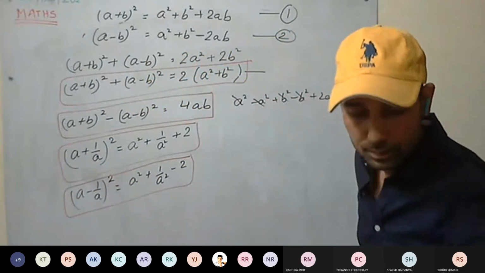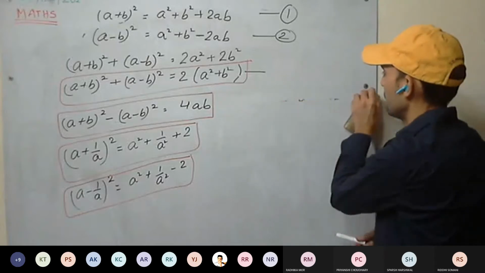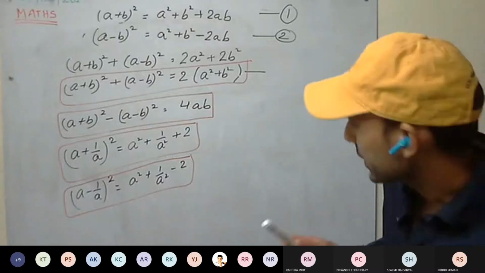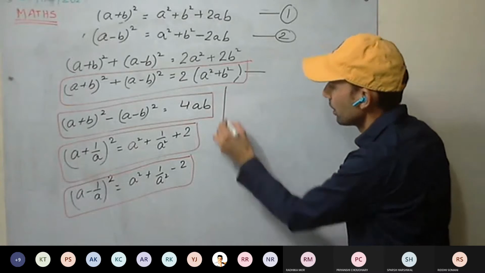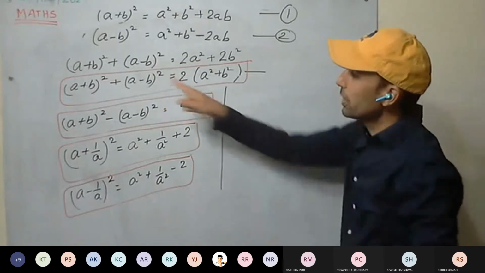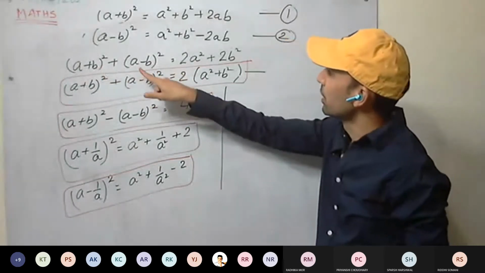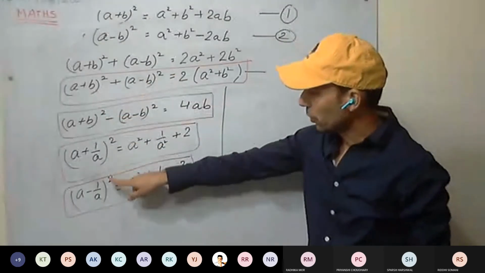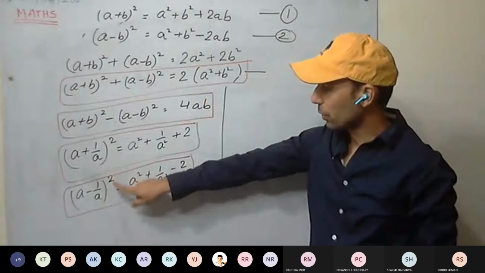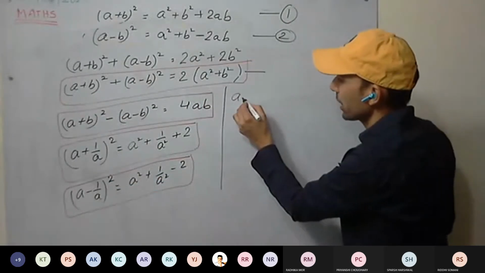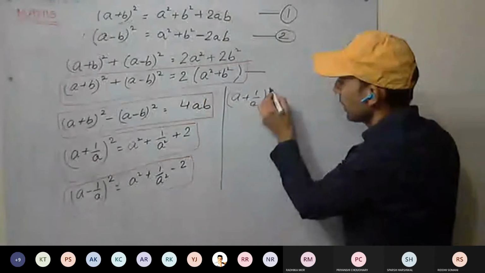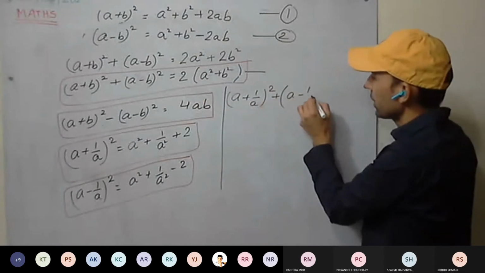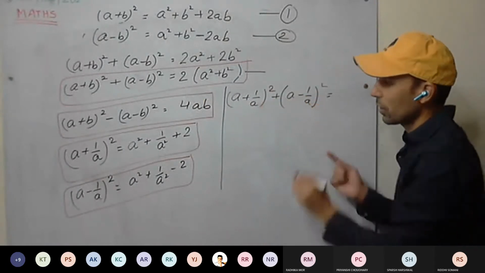Okay. Next identity, if you are putting b equal to 1 upon a in this one, that is, we are going to add them. If we add them, how much are we going to get? (A plus 1 upon a) the whole square plus (a minus 1 upon a) the whole square equals how much?